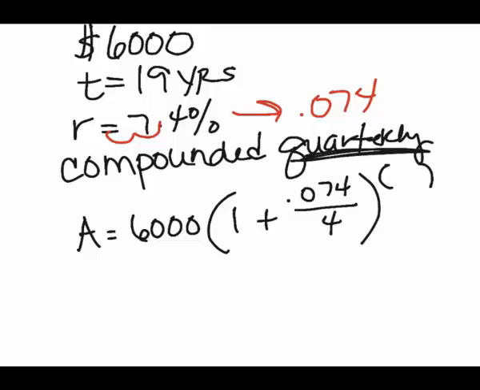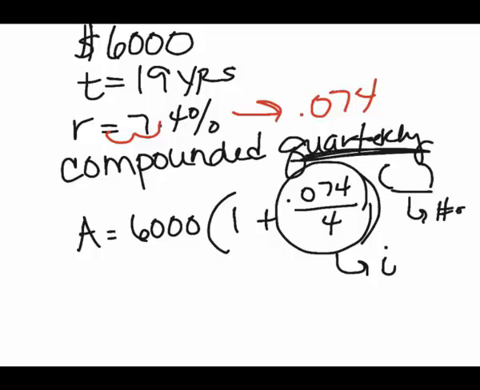Because remember, in your book, they replaced this with I. And then that exponent has to be the number of times compounded. So that's NT. N is 4 times how many years? 19.